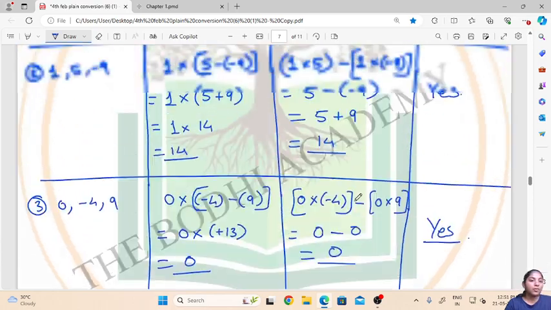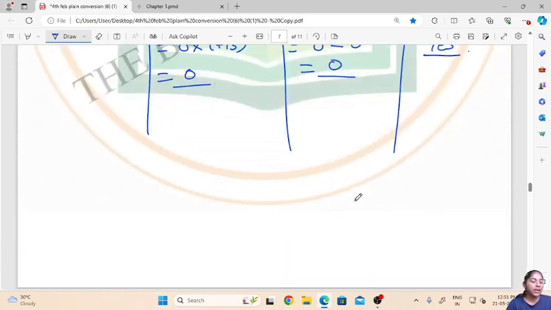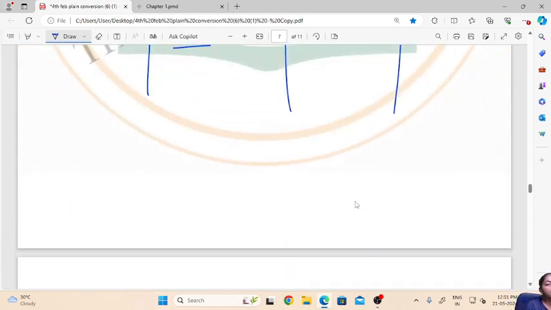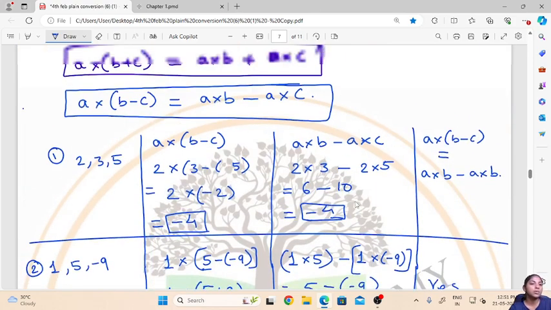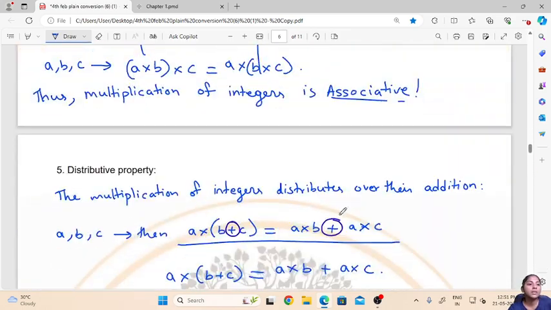So for each of these cases, we find that for any 3 integers A, B and C, the expression A into B minus C is equal to A into B minus A into C. Thus this distributive property is verified.